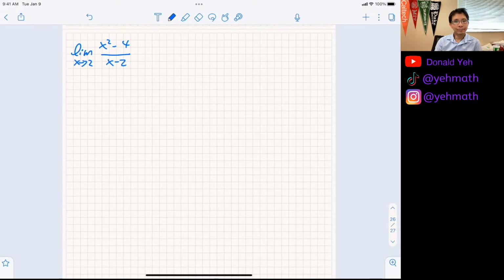First of all, instead of going algebraically, which is pretty simple and can be done in like 10 seconds, do you know what this graph looks like? That's a harder question. What does the graph of x squared minus 4 over x minus 2 look like?